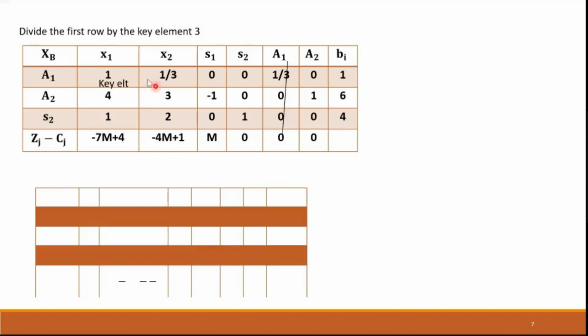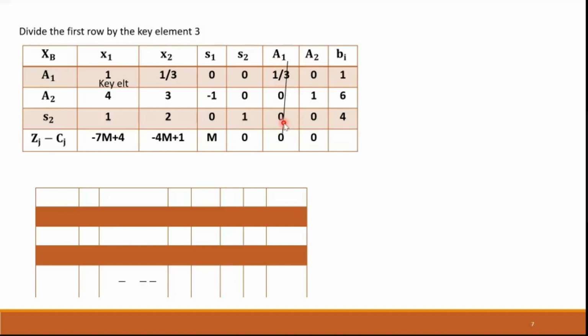So when we divided this first row by the key element 3, A1, which was already there in the basis as 1 0 0, that has become 1 by 3 now, which means that this has gone out of the basis. Next table में A1 यहाँ पे नहीं आने वाला है. So we need not even do calculations also for this A1 column.